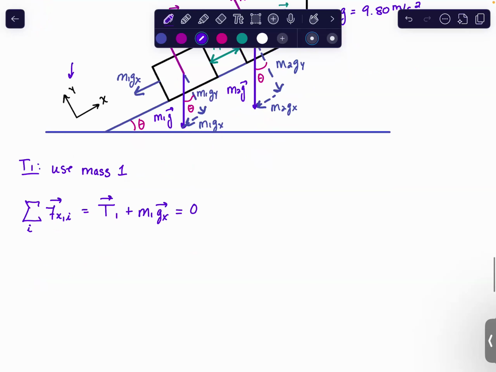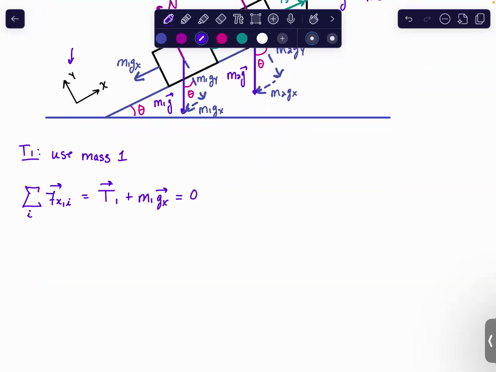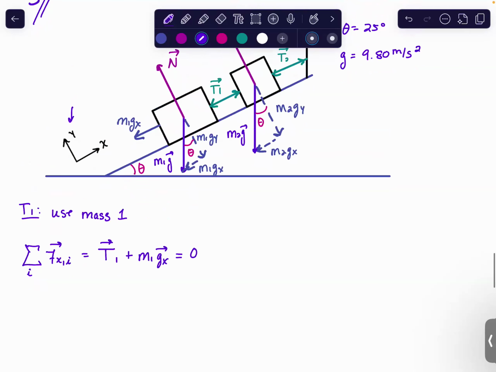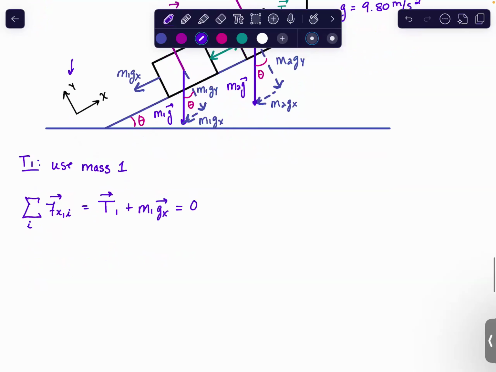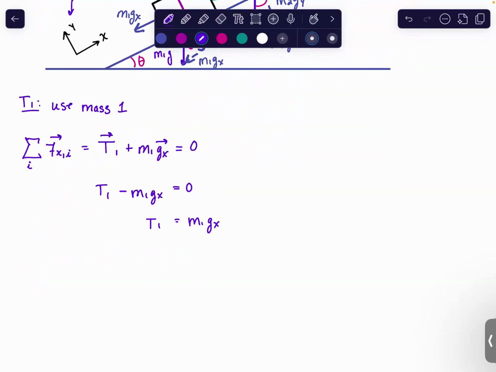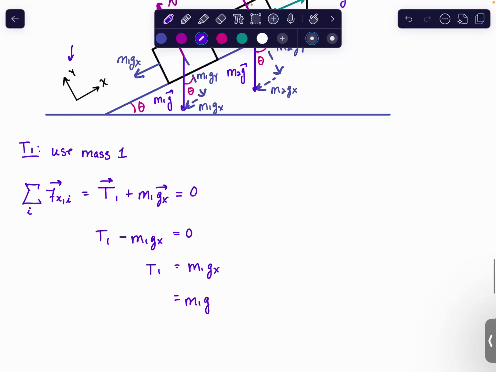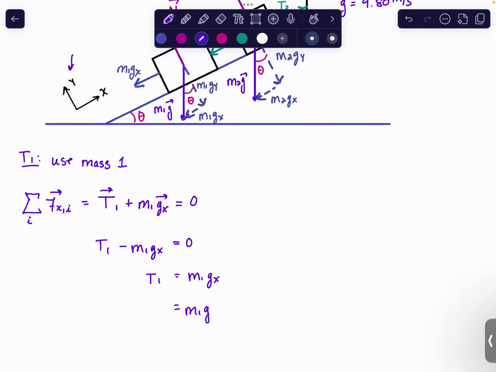And it's not moving, it's an equilibrium system, so it's equal to zero. If we look at the positive directions, we see that tension one is positive. The x component of the gravitational force is negative. So we can solve for the x component of the gravitational force, and we know that this is going to be m1g, and then we see it's going to be sine of theta.